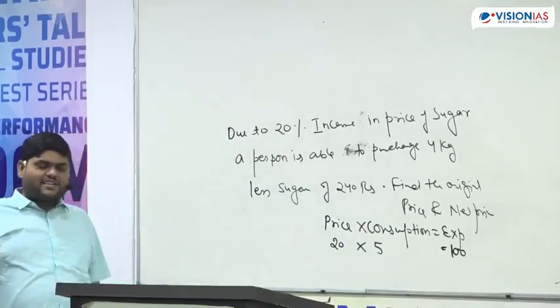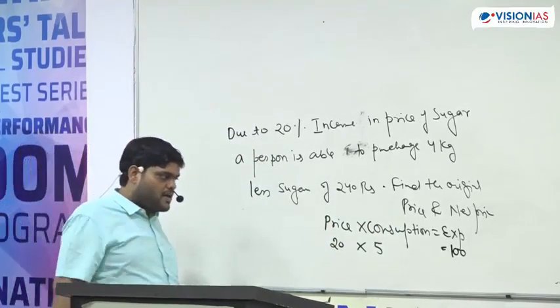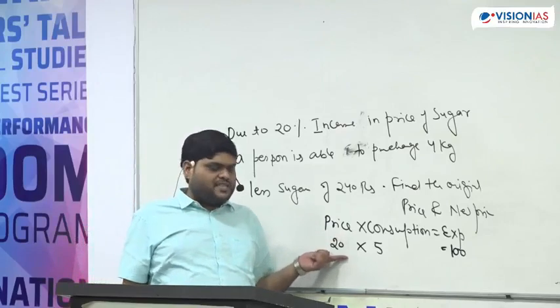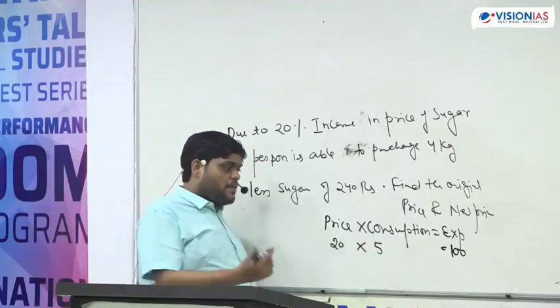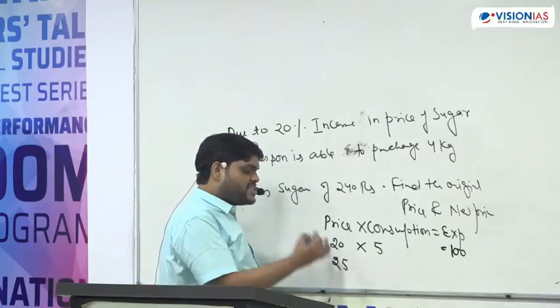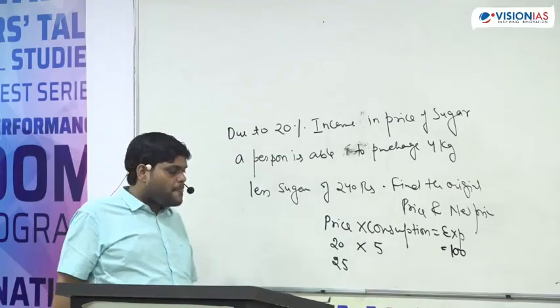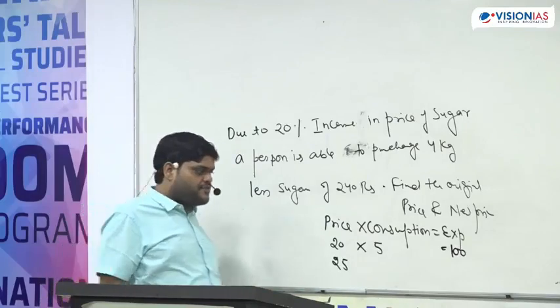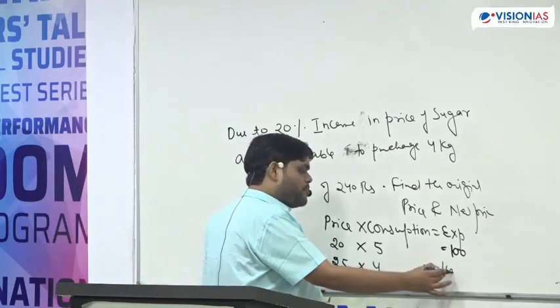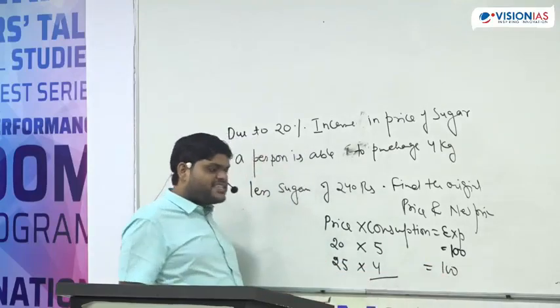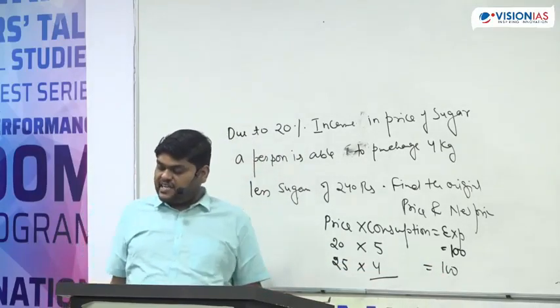Suppose he allocated the 100 rupees for sugar. So if price is 20 rupees, he can consume 5 kg sugar. But suppose if price is increased by 5 rupees, now price become 25. Now he will only be able to consume 4 kg sugar or not? Because expenditure remains the same.